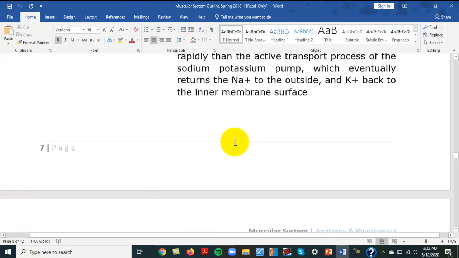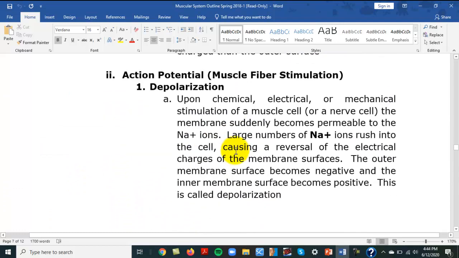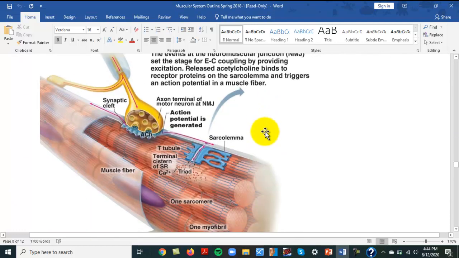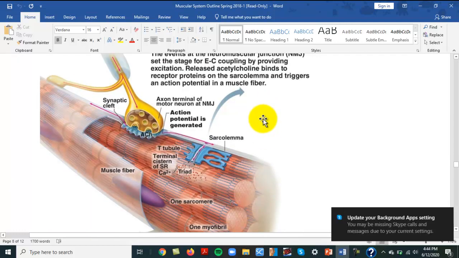So the next part to this, when a muscle depolarizes upon chemical, electrical, or mechanical stimulation, a muscle cell or nerve cell, the membrane suddenly becomes permeable to sodium ions. And what happens is sodium ions will start rushing, and it's not on here.